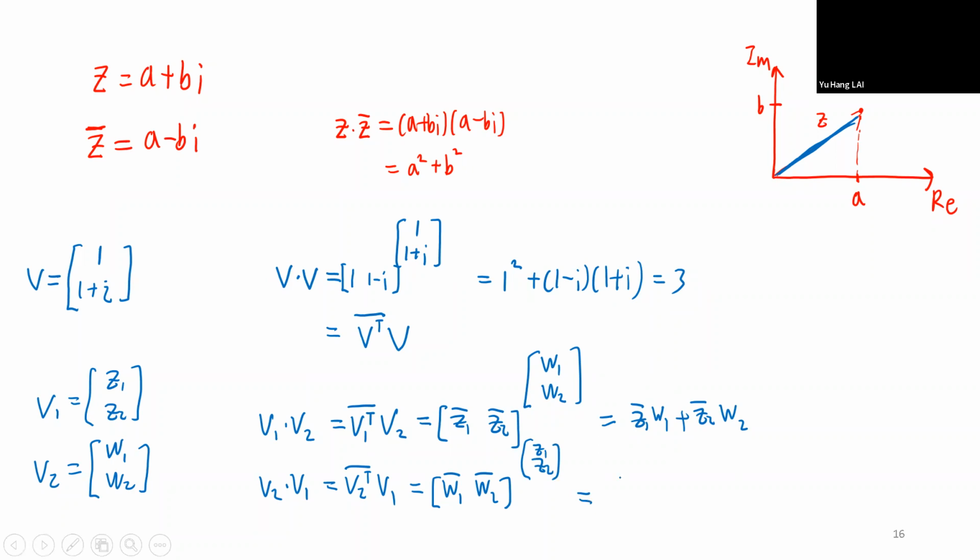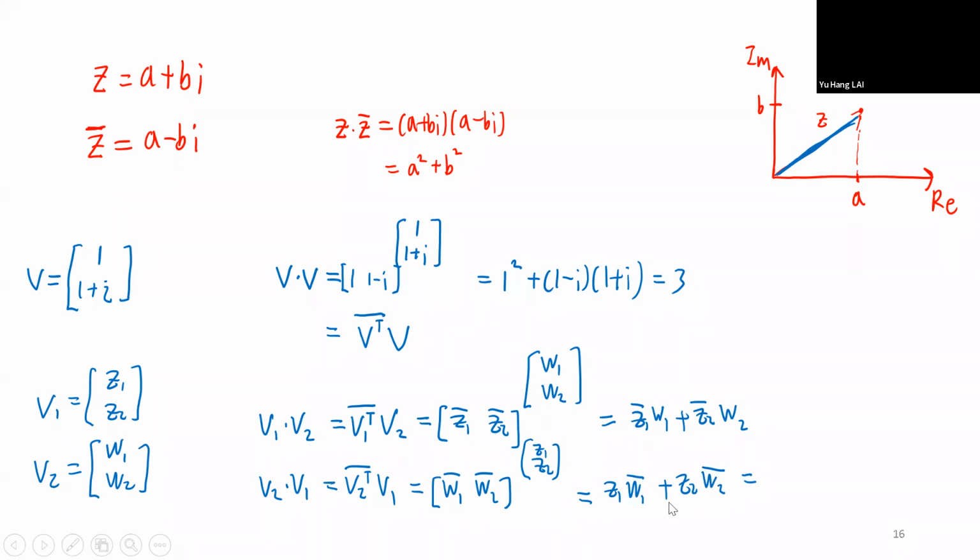This equals Z1 W1 bar plus Z2 W2 bar. Now you can compare: in general this one might not be equal to this one.